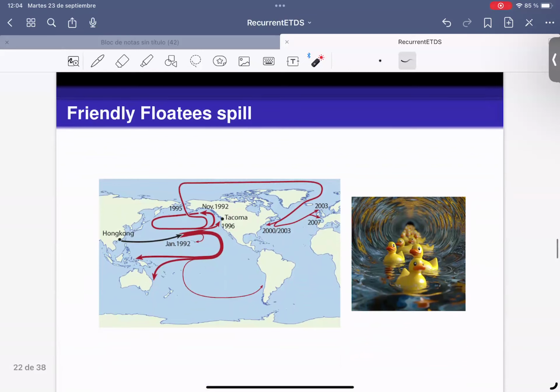a friend of mine, Eva Miranda, always explains this with a case of a cargo that was carrying some rubber ducks in the 90s, and the cargo sank in the middle of the Pacific, and the rubber ducks were dumped into the sea, and they started moving around following the flow of the Euler equation, the Navier-Stokes equation. And all the scientists started studying the flow and predicted, oh, don't worry about it.